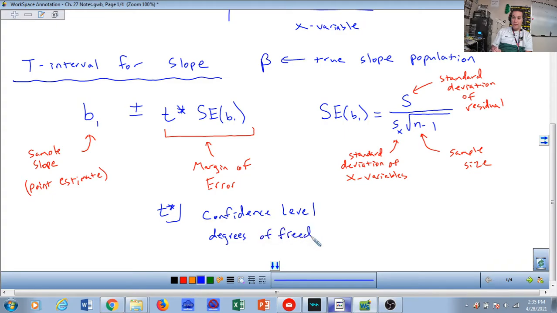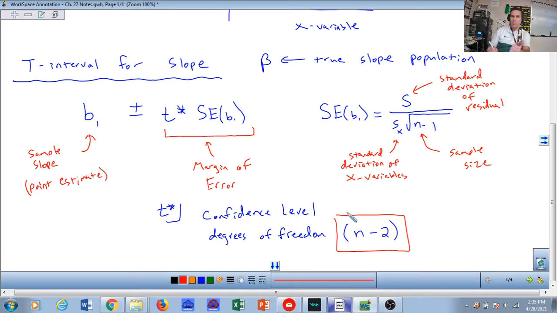So again, the degrees of freedom on these problems, unlike any of the other problems we've done, on linear regression problems are sample size minus 2. Sample size minus 2. Different, right? Different than anything else we've done, okay?